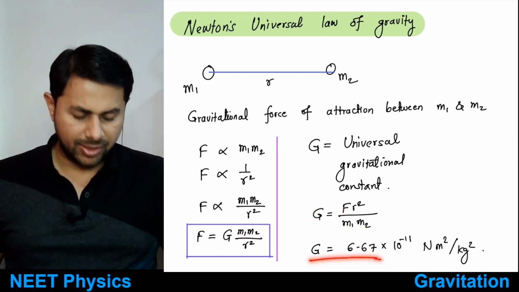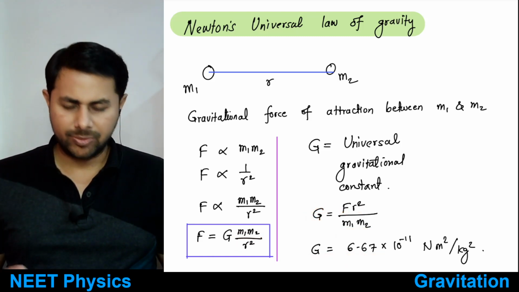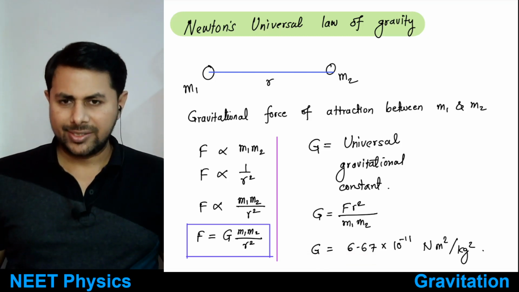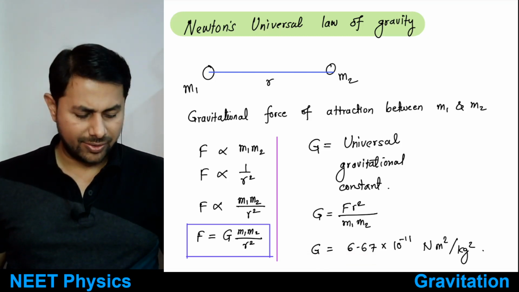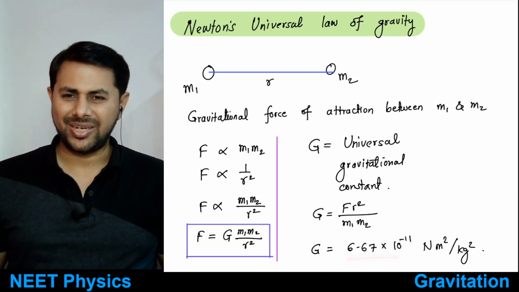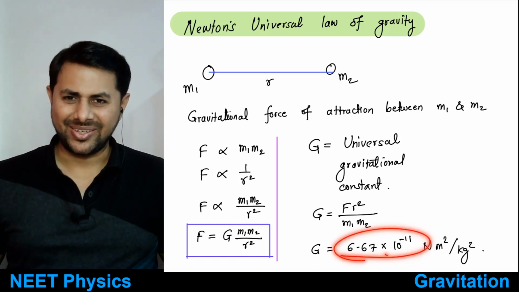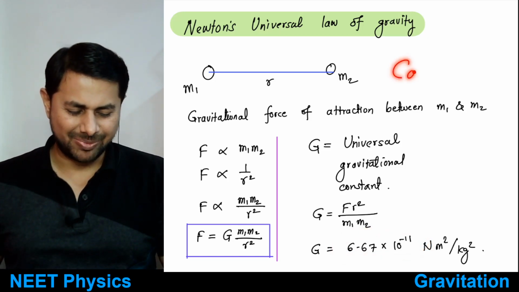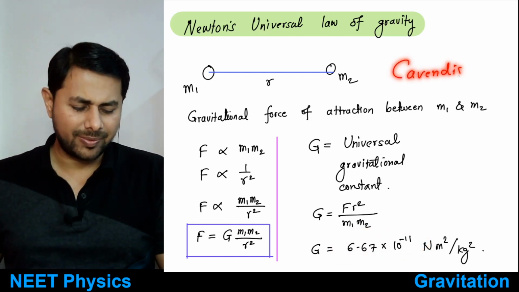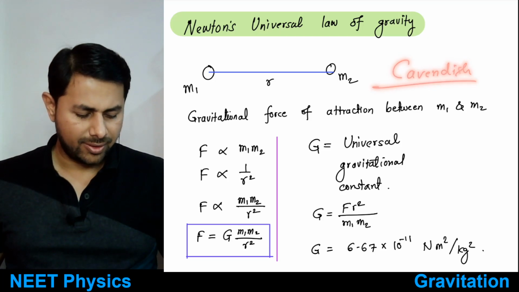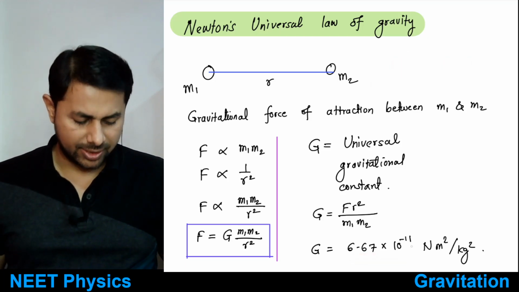And the value of G was not known earlier. It was found by a physicist whose name is Cavendish. He did a simple experiment in his lab, and he found the value of G. You can search about the Cavendish experiment. It's very simple. It's out of our syllabus now, so we are not going to study it.